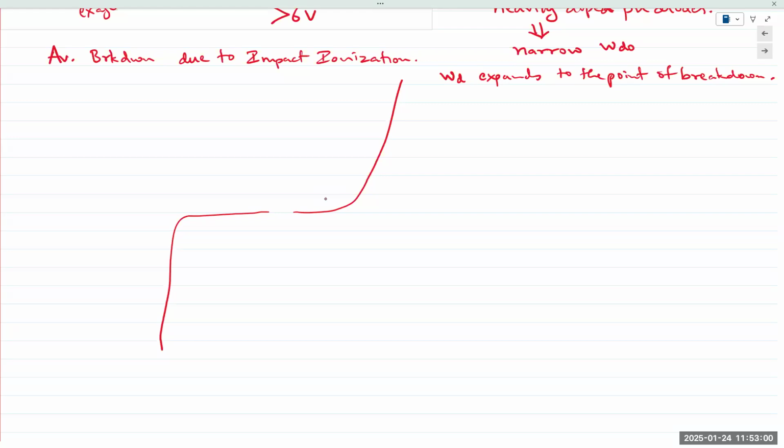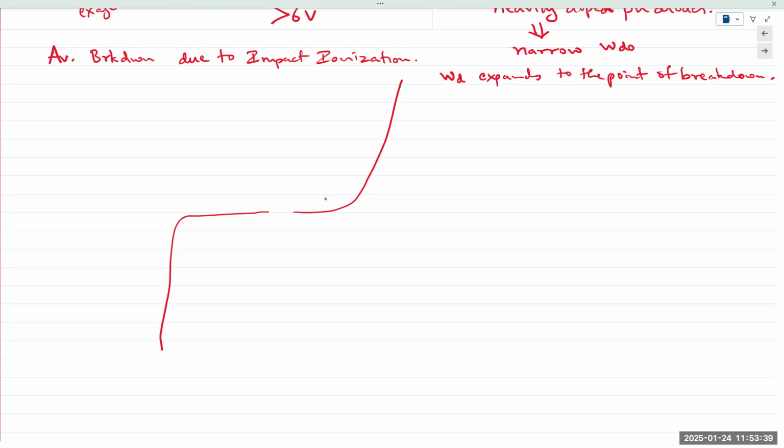The Zener effect is only observed in reverse bias, though, not in forward bias.